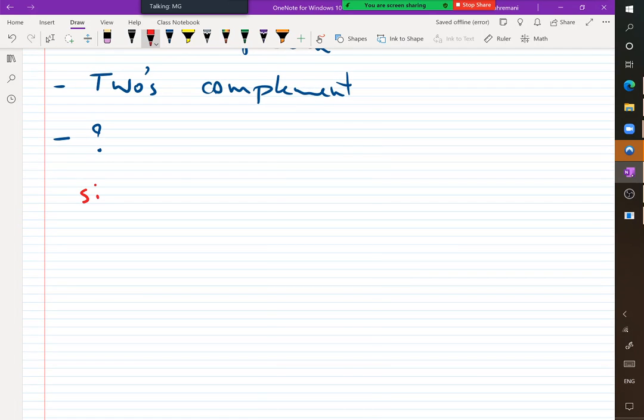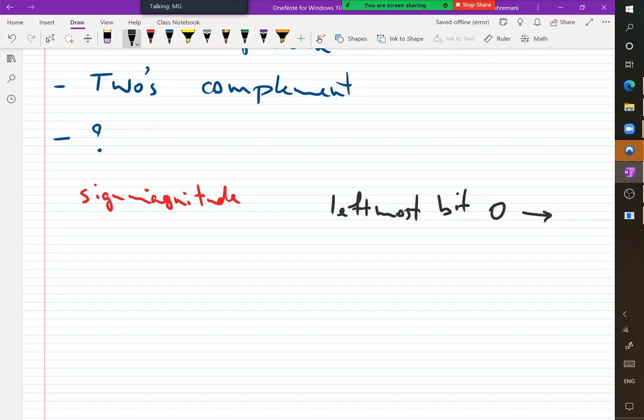In sign magnitude, if the leftmost bit is 0, the number is positive.